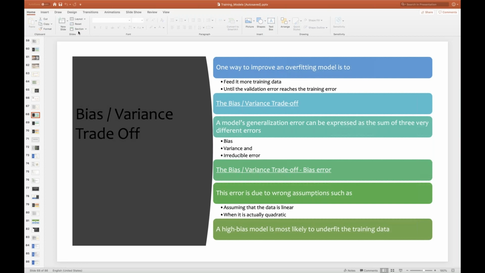How can you reach the point where it is not overfitted and not underfitted? Now, one way to improve your overfitting model is to feed it more training data. How long do you feed? Until the validation error reaches the training error. Now, what is a training error?